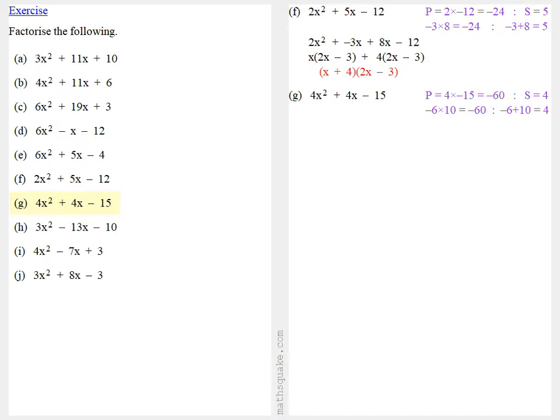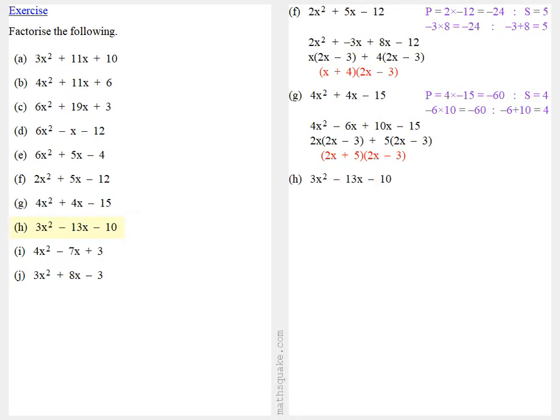Minus 6 plus 10 is 4. So the equation becomes 4x squared minus 6x plus 10x minus 15. And these factorise as 2x into 2x minus 3 plus 5 into 2x minus 3. So the answer is 2x plus 5 into 2x minus 3.